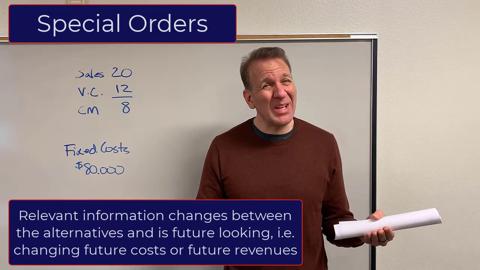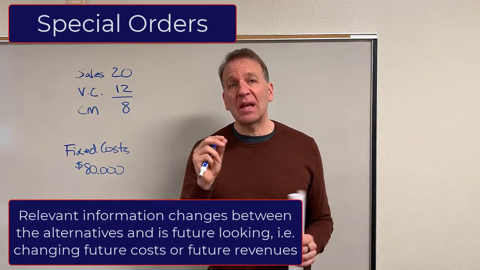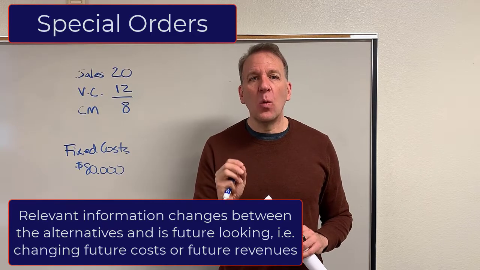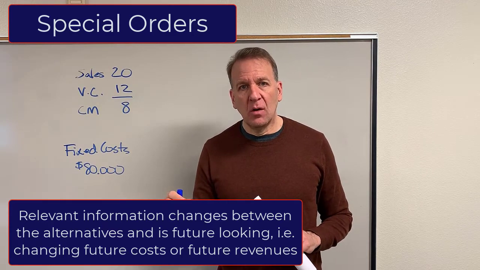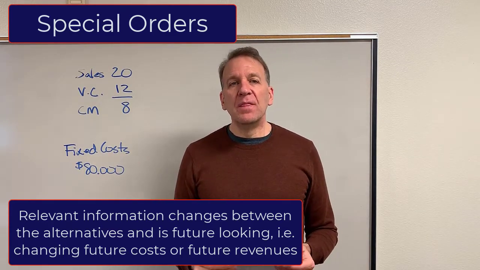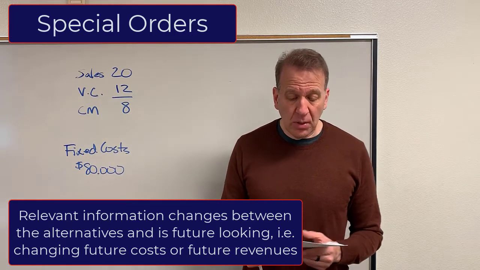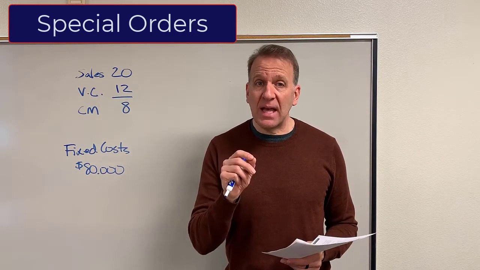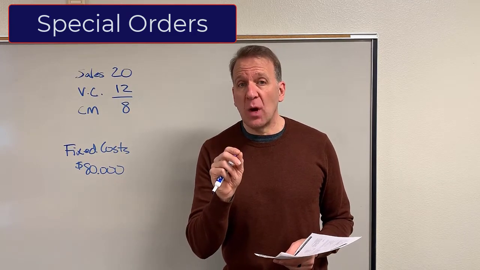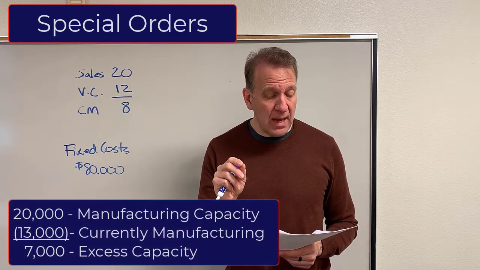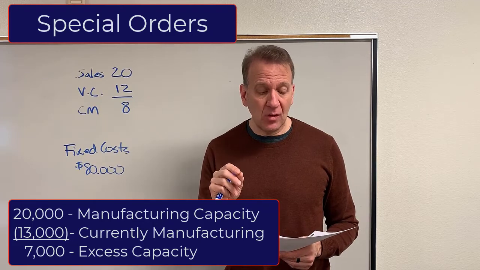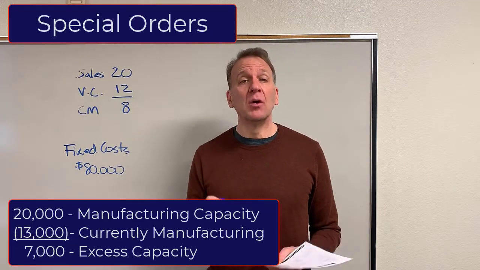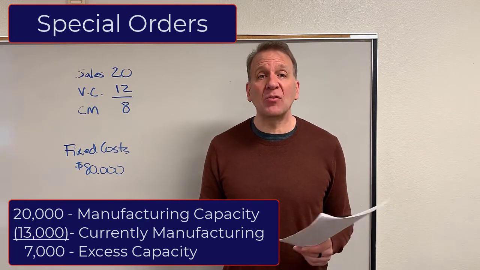I know that can be confusing sometimes, but you always have to think about the changes that are taking place, whether we do the special order or we don't. This customer wants to purchase 3,000 soccer balls from us. If you remember, I said we can manufacture up to 20,000, and right now we're only manufacturing 13,000. So when this customer wants to purchase 3,000 soccer balls, we could do that. We have that capacity.